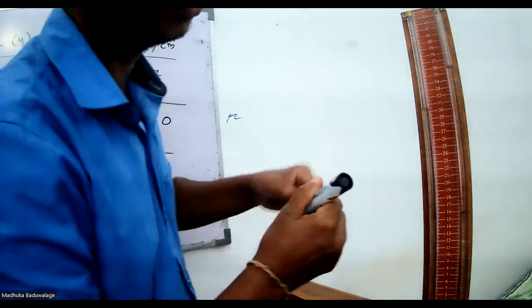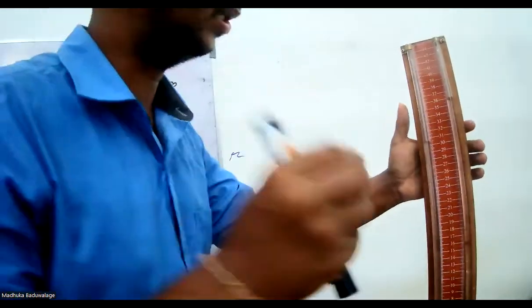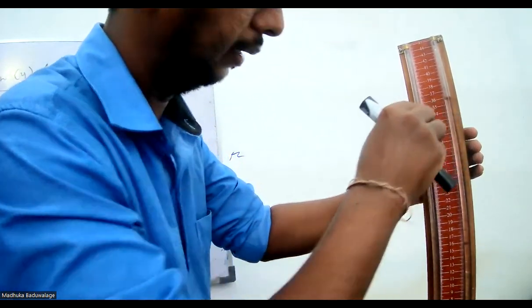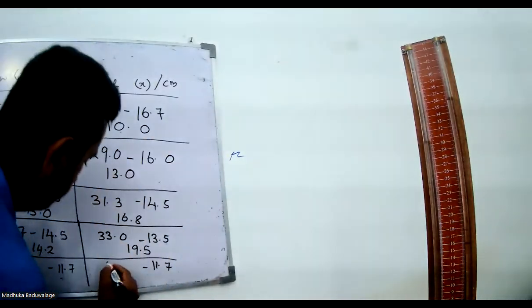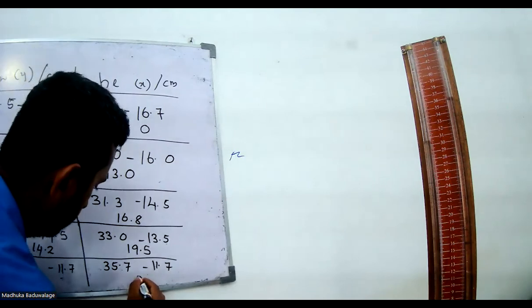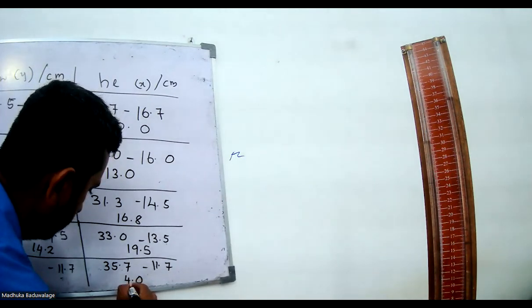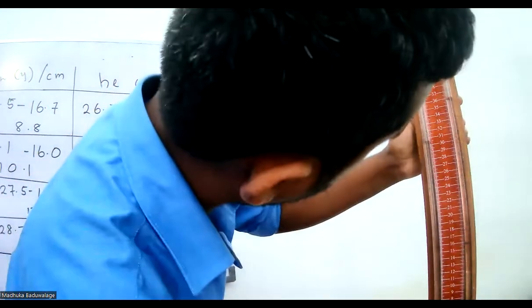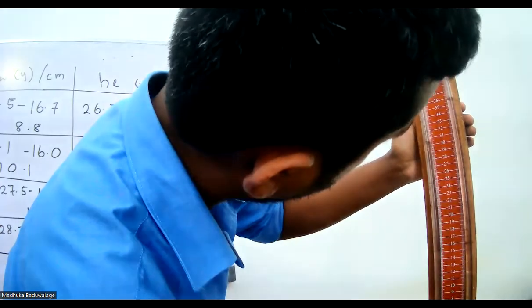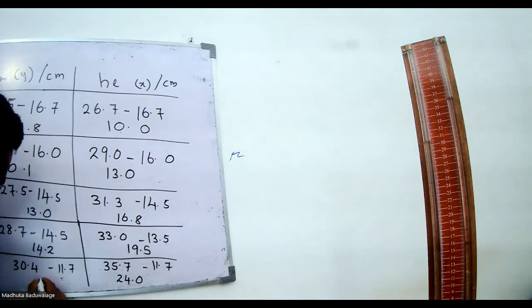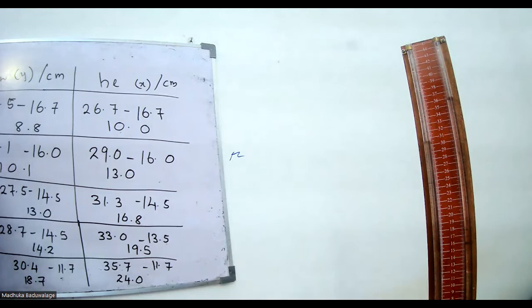The upper meniscus position is 35.7. The upper meniscus position of the water column is now 30.4. Therefore, the new coordinate is as follows.